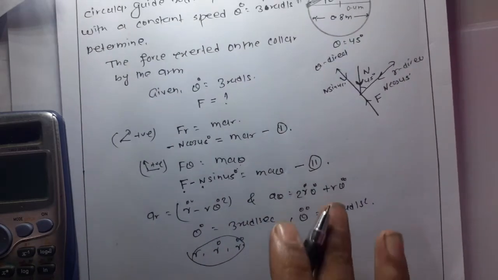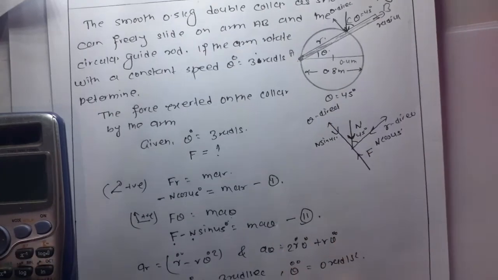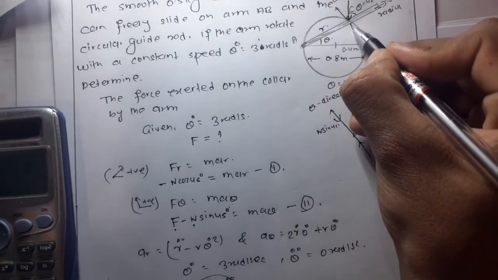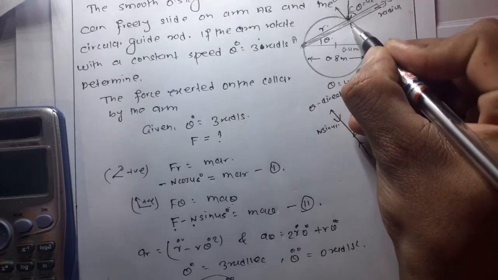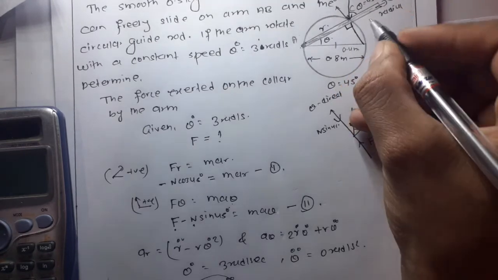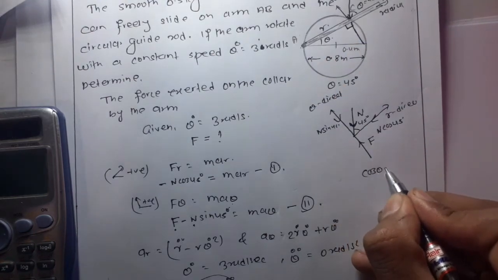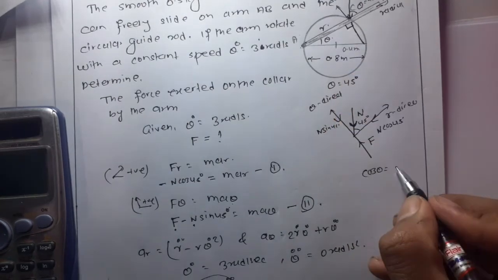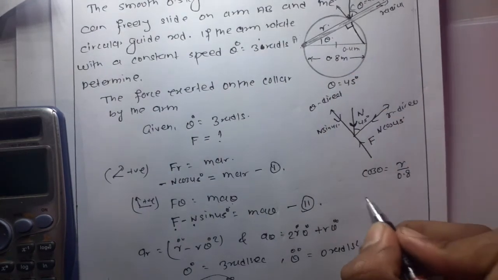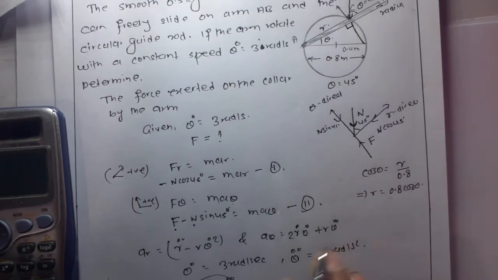So for that we consider this AC is r. From this figure, when we join this, this angle becomes 90 degrees. So from this triangle, cos theta is equal to simply r by this total length 0.8. So this implies r is equal to 0.8 cos theta.